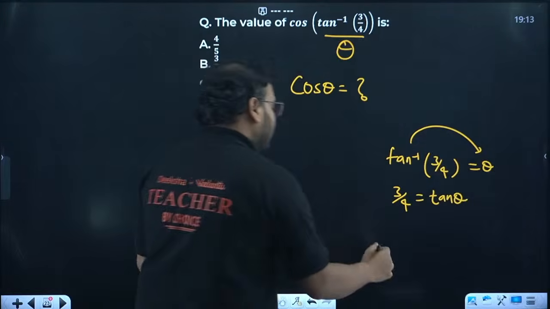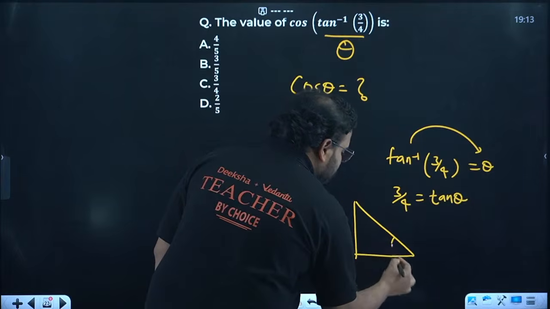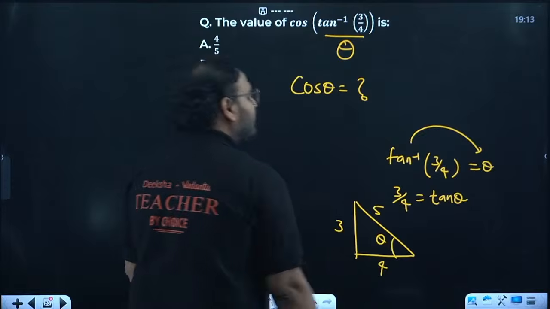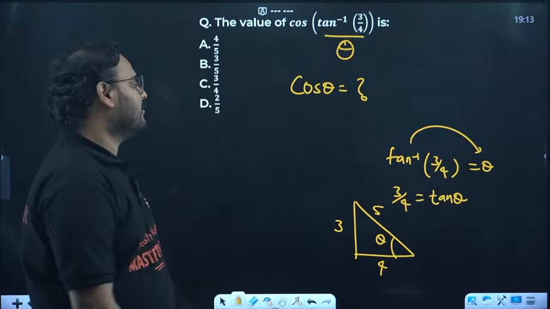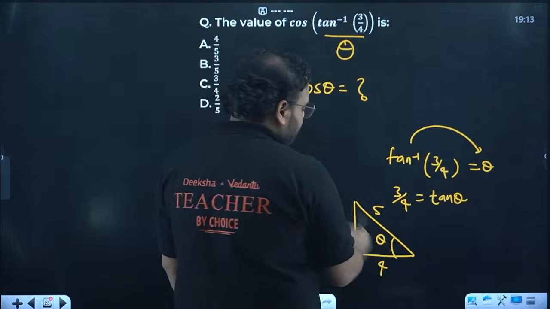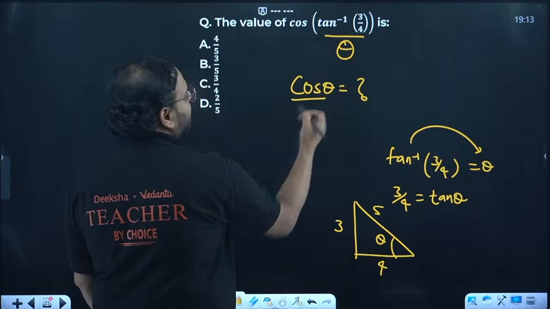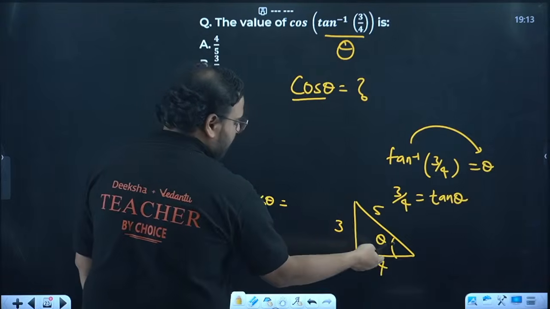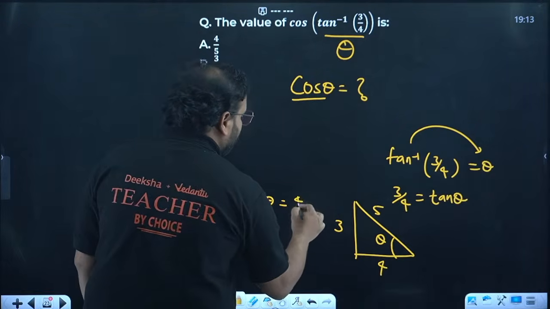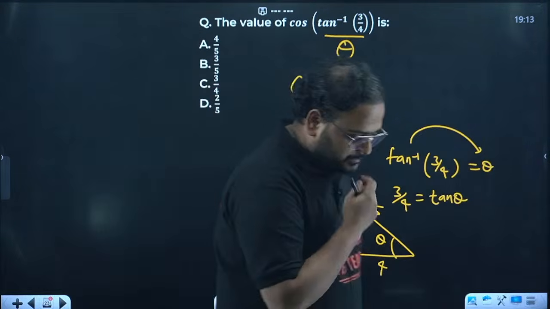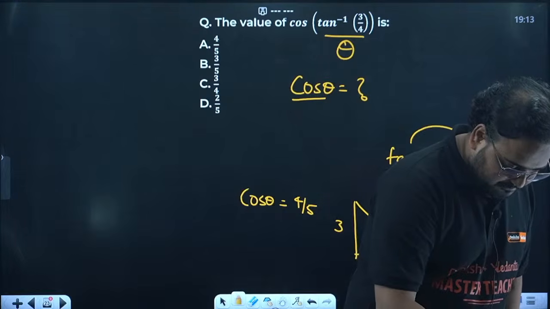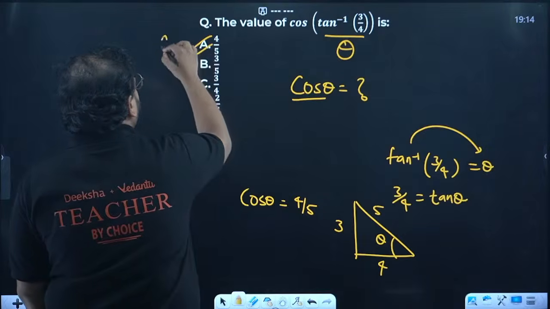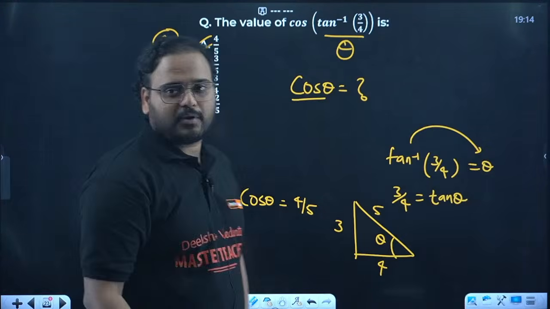If you draw the right angle triangle with this angle theta, this is 3, this is 4, and this is 5. I want the value of cos theta, which is adjacent by hypotenuse, so 4 by 5. What's your answer for this question? Your answer is again 4 by 5, which is option A. Correct. Super. Good job.